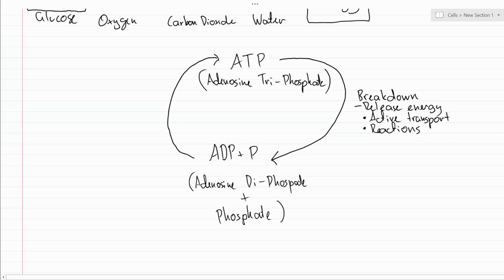Now we can also have synthesis of this ATP molecule. So the ADP and the P are going to be able to be rejoined to create ATP. And this comes about as a result of cell respiration.